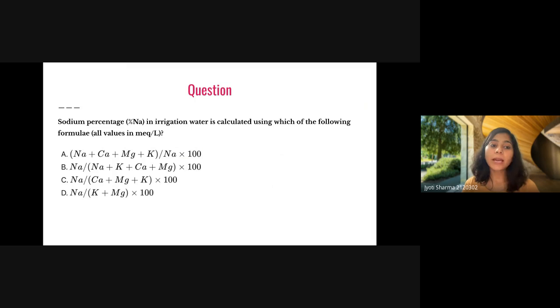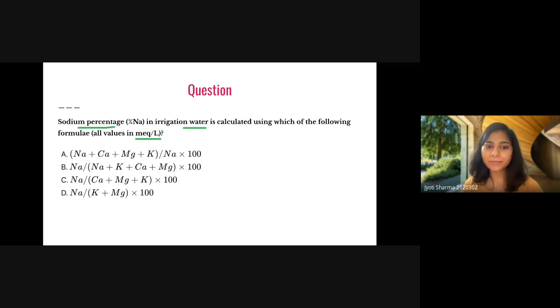If you want to calculate the sodium percentage in the irrigation water, then what is the formula? How can we calculate that? Keep in mind that this is in milliequivalents per liter. This is very simple, very basic, like from maths only.